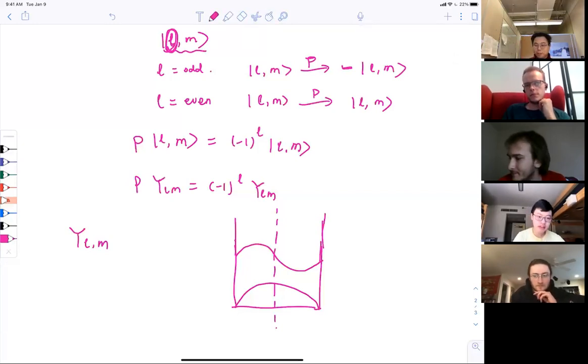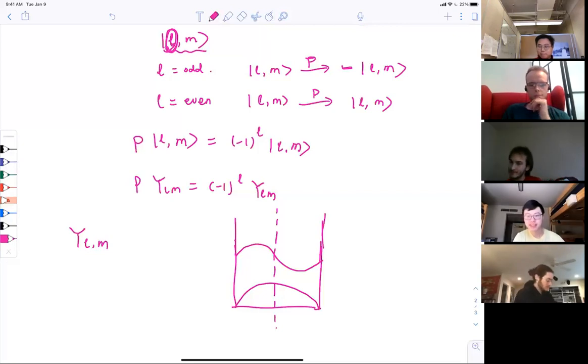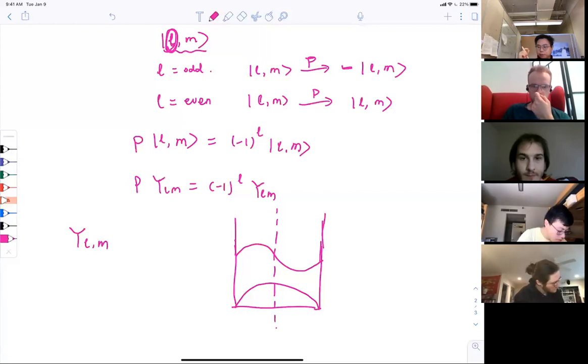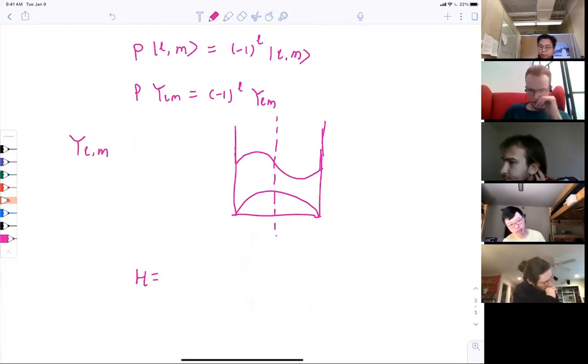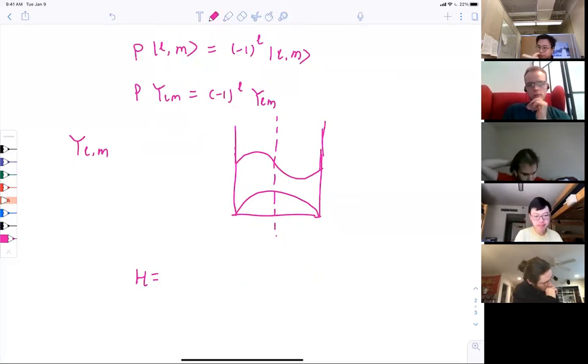So basically this kind of phenomenon happens in many situations, right? Whenever you switch from odd eigenstate to even eigenstate, the parity changes. Like the harmonic oscillator also similar, right? If you draw the wave function, I'm pretty sure.